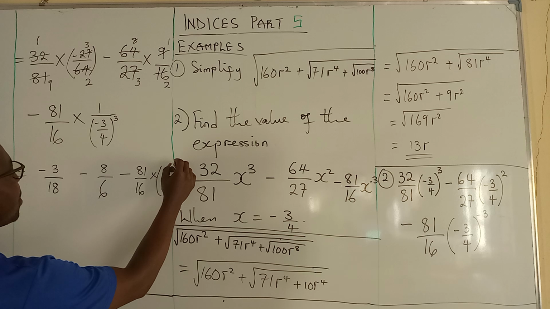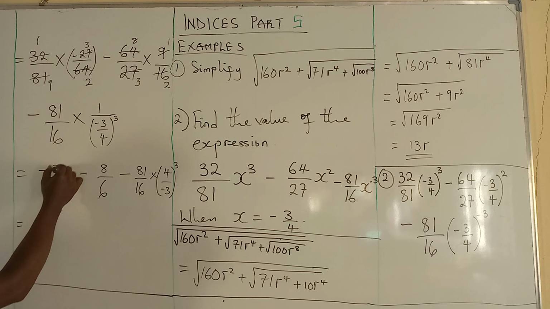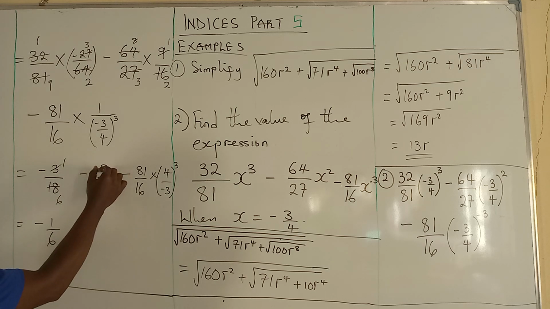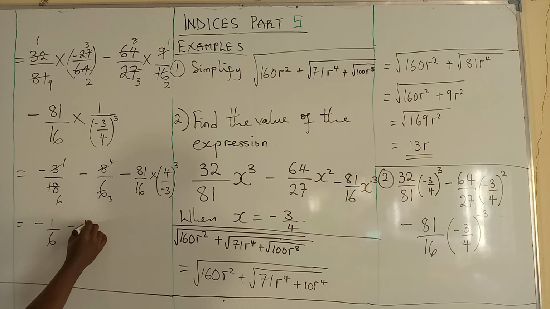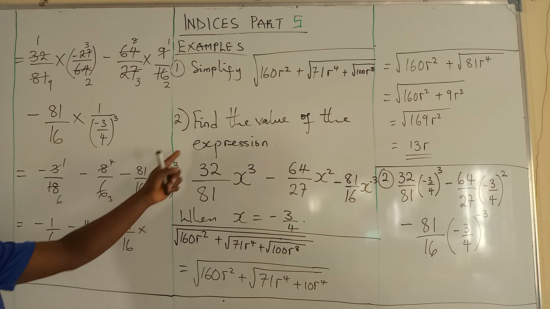Take note, it is raised to power 3. So this will give us, reduce this, 3 a 1, 3 a 6. So we have minus 1 over 6, 2 a 4, 2 a 3, minus 4 over 3. And then looking at this one, that is minus 81 over 16 times 4 raised to power 3.